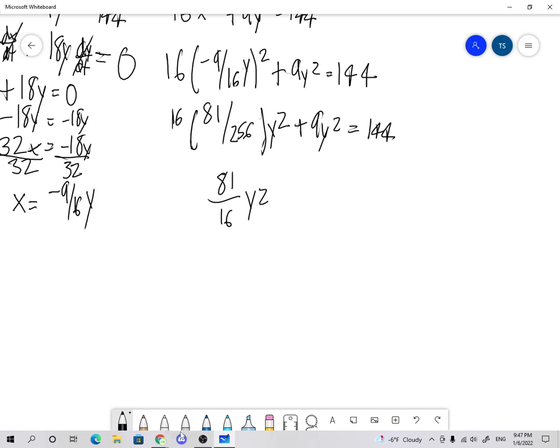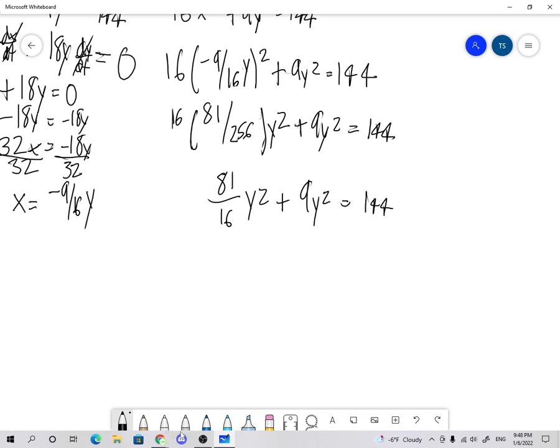So let's back up and just rewrite the equation that should have been. This is the proper equation. Okay, now I need to find a common denominator. So I'm going to multiply 9 by 16, 144, plus 81. Perfect, that will get me 225 as a numerator here.